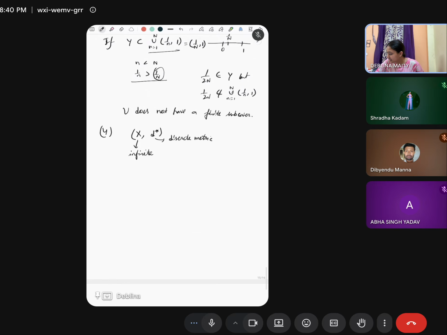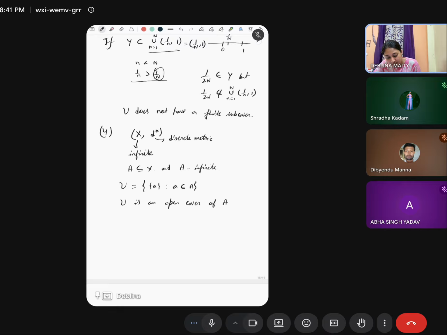So in a discrete metric space, take an open cover. Let's take A a subset of X, and A is also infinite, since X is infinite and I am taking any subset which is infinite. Now take an open cover of A: U, the collection of singletons {a} where a belongs to A. This is an open cover because singletons are open in a discrete metric space.